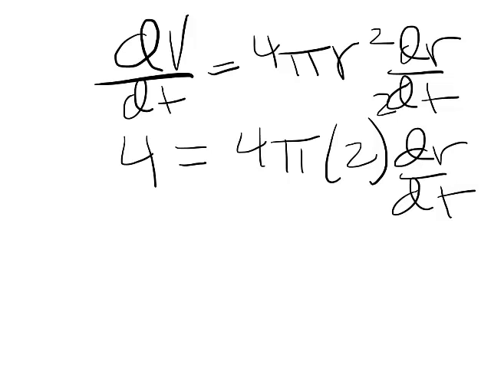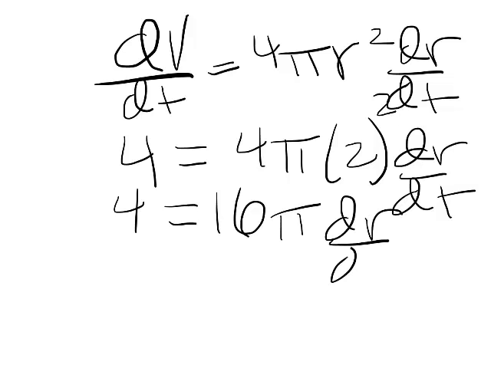Now I'm able to solve for dr/dt. 2 squared is 4, and 4 times 4 is 16. So I get 4 is equal to 16 pi dr/dt.